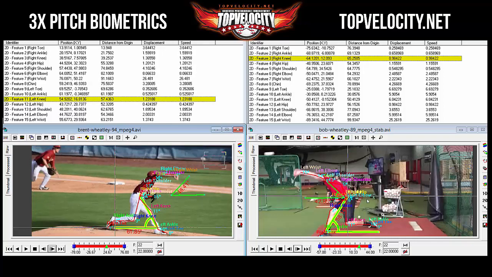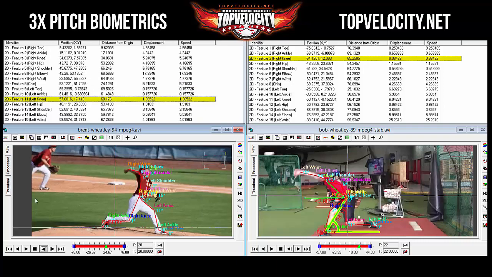So Bob's getting a more linear back leg, even though those forces come early, giving him a longer stride. So he is getting more perceived velocity, but Brent's getting less back leg force production, but more front leg force production. I don't even know if it's less back leg force production, because the force production is later, could be more effective.